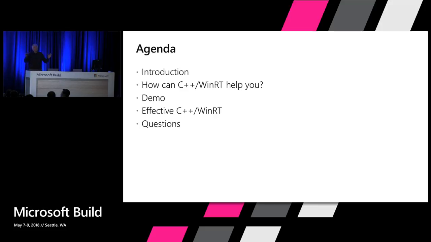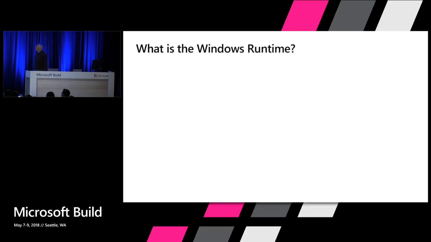And then once you've got an overall viewpoint of the whole process workflow, Kenny is going to come up and dive deep and show you some of the internals, show you how to be most efficient and what the C++ language projection can do for you. So we're going to have a high-level talk, and then we'll dive deep and answer all your questions at the end. So let's start off with what is the Windows runtime.